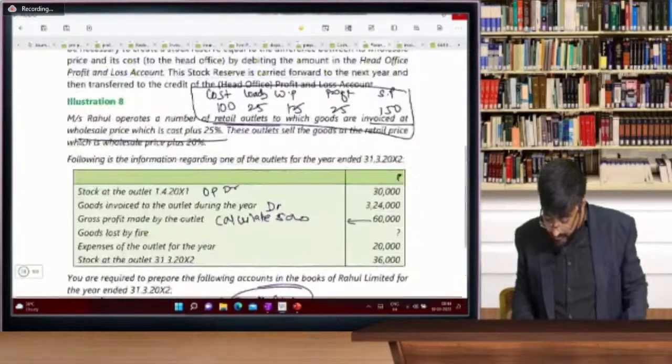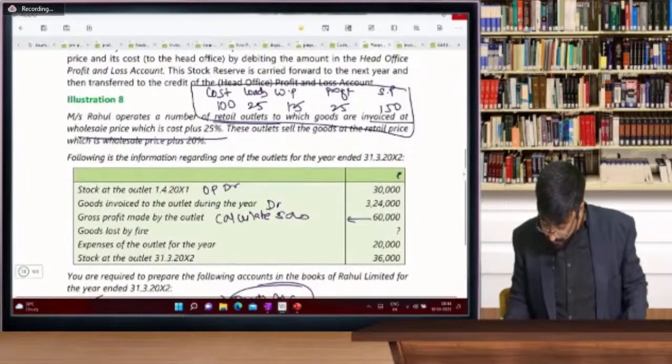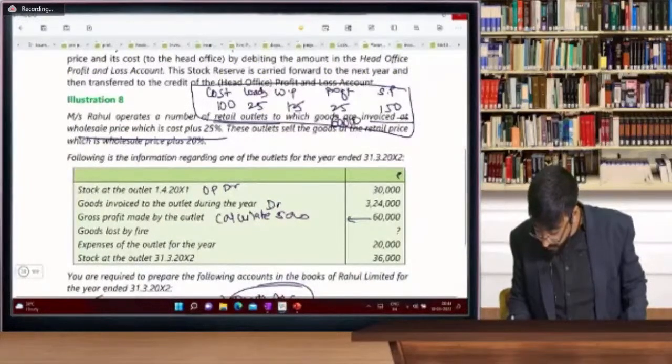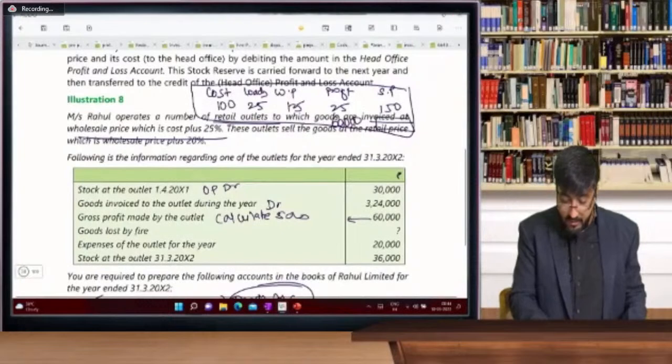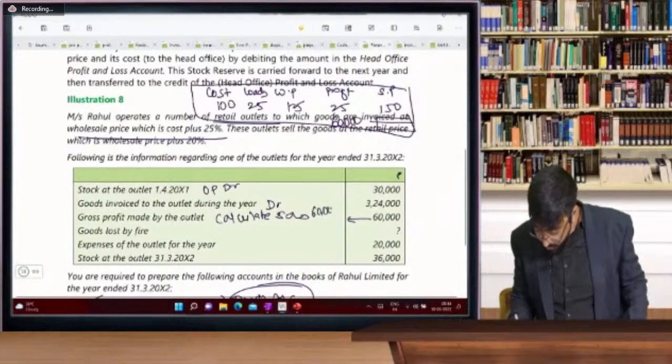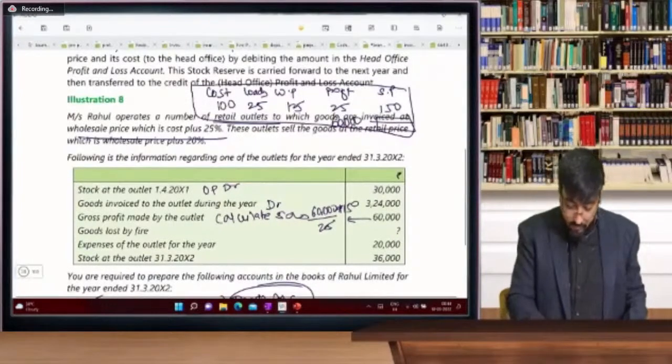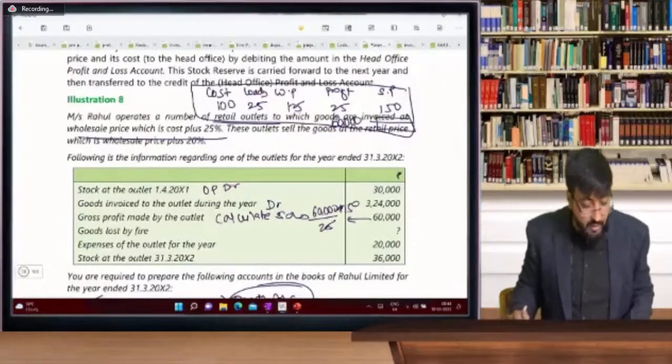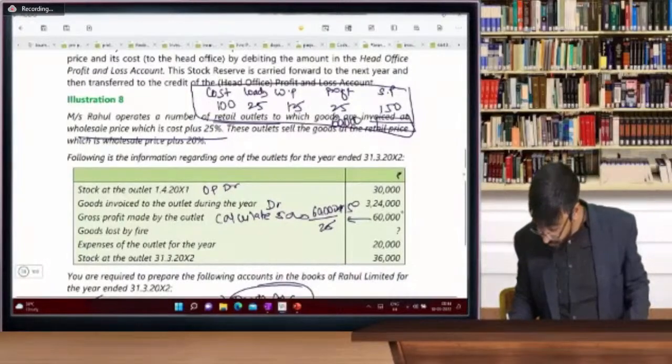So beta 60,000 is given in the question. So you can easily calculate sales. 60,000 into 150 and this is 25. So beta outlet sales is 3,60,000.